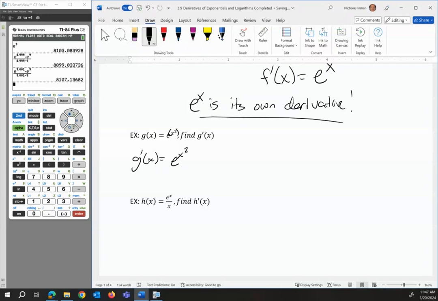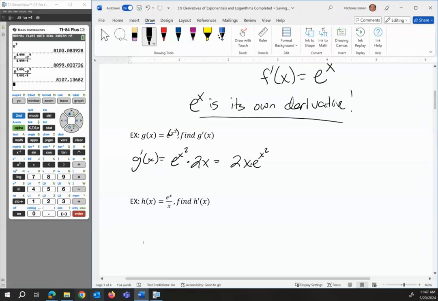But the problem is this one has more than just an x as the exponent. So we have to do the chain rule times the derivative of that extra stuff. The derivative of x squared is 2x. Usually we would put the 2x first, then the e to the x second. But there we go, we've got our derivative.